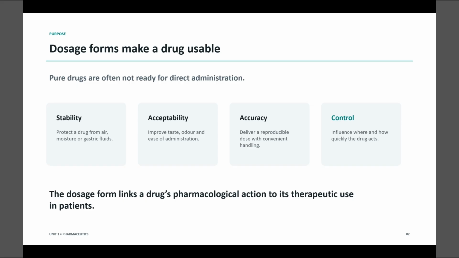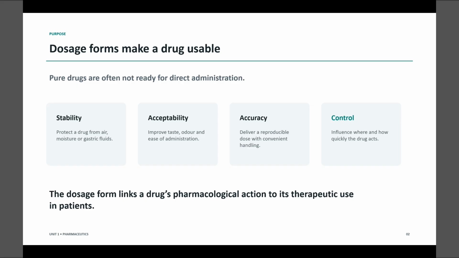You can protect the drug from different environmental conditions only by converting it into a dosage form. And drugs have different tastes. To improve the taste, odor, and ease of administration, we need to convert a pure drug into a dosage form.